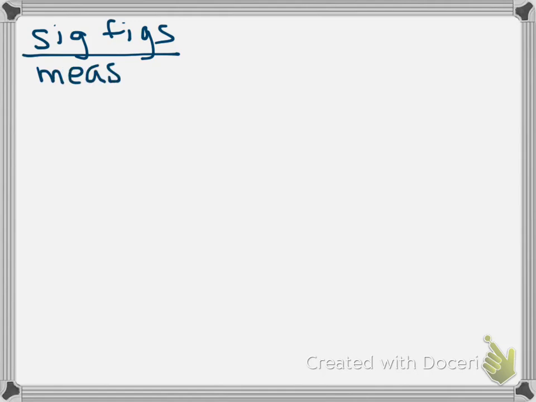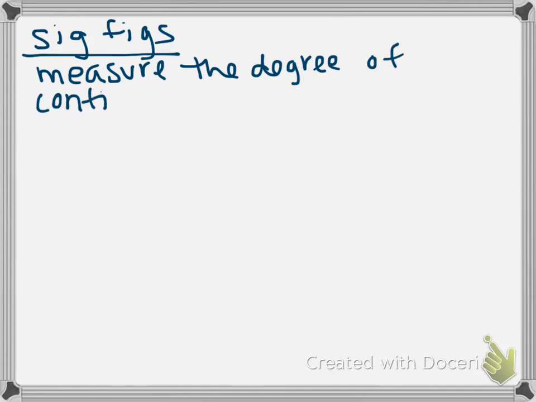Okay, this lesson is going to be on significant figures, and we are just going to write sig figs because that's easier. So significant figures measure the degree of confidence of a measurement.